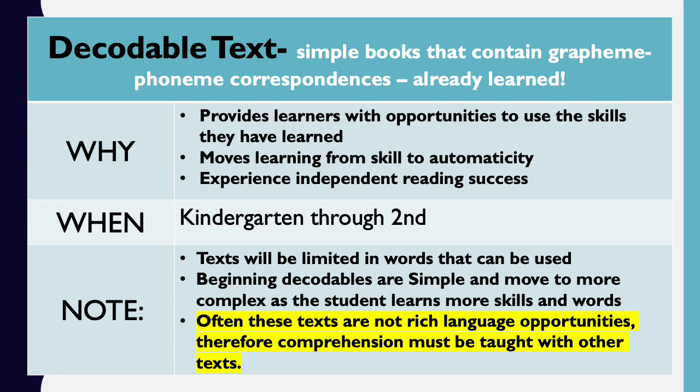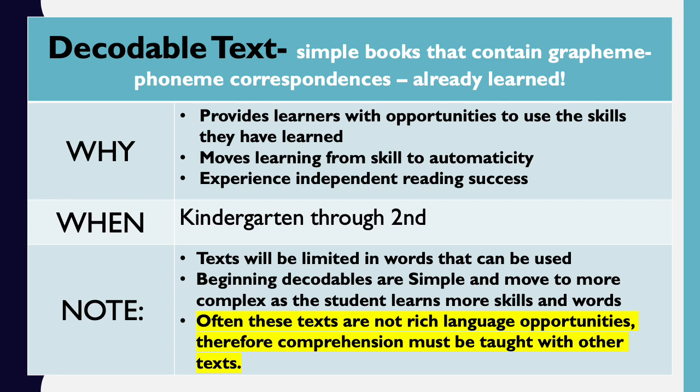Now, let's really talk about this. Decodable texts are limited in words that can be used. Beginning decodables are simple, and they move to more complex as the student learns more skills and words. But they are limited in vocabulary. These texts are not rich language opportunities. Therefore, comprehension must be taught with other texts.